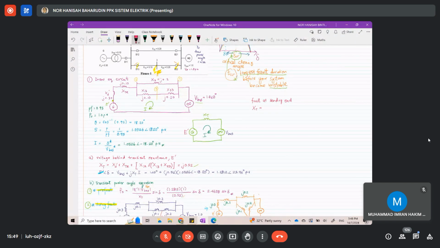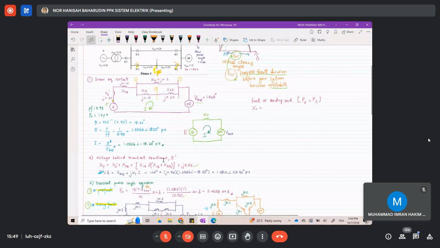My XT should be, you know that during fault, P0 will be equal to P2, right? So my XT should be the same thing as here, j0.52, because there is no change between before fault and after fault.